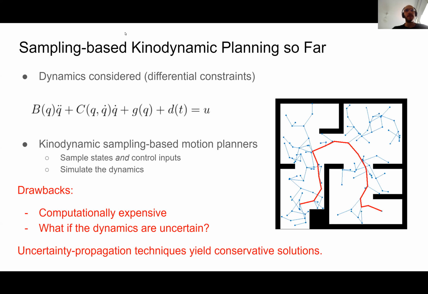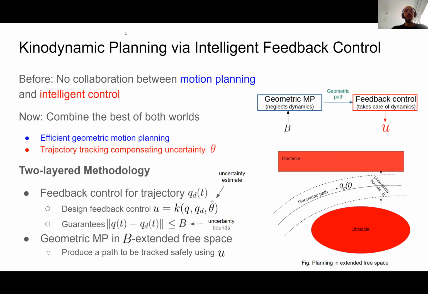Next slide, please. So to overcome these problems, we combine geometric-based sampling motion planning with feedback control. So we use feedback control in order for the system to track a desired trajectory shown here with q_d, and take into account the dynamics and compensate for the dynamic uncertainty, which is denoted here by theta.